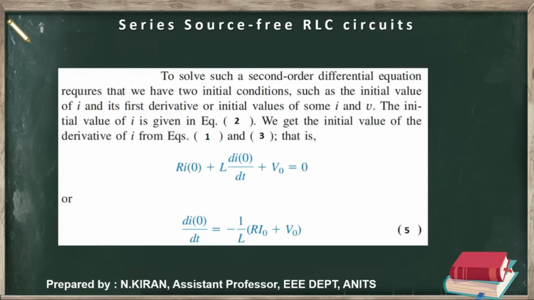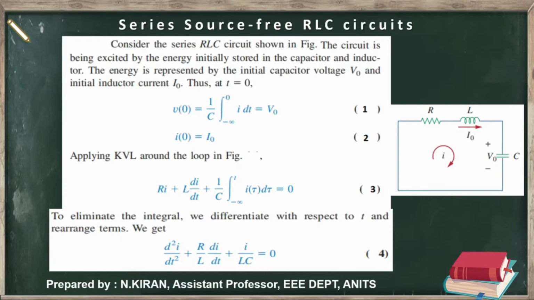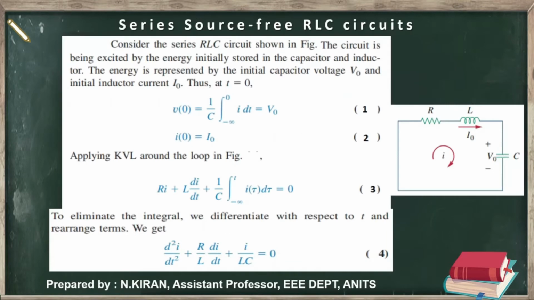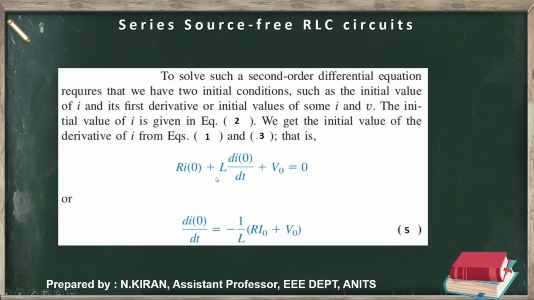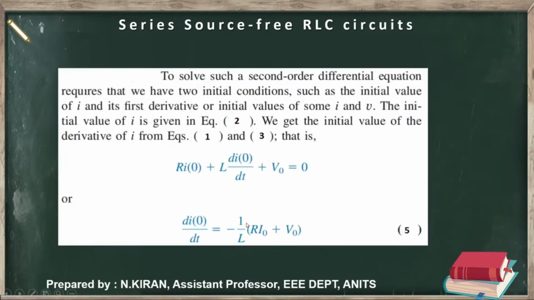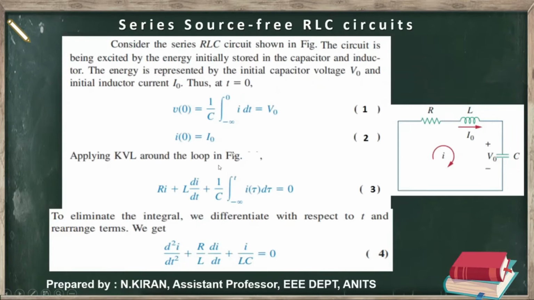The fourth equation, as we know, is a second order differential equation, and we have two initial conditions, that is, voltage across the capacitor is V0 and current flowing through the inductor is I0. From the previous equation we can rewrite the expression by substituting I of 0: R into I0 plus L into di by dt of I of 0. Instead of 1 by C integral I dt, I can write Vc, that is V0.